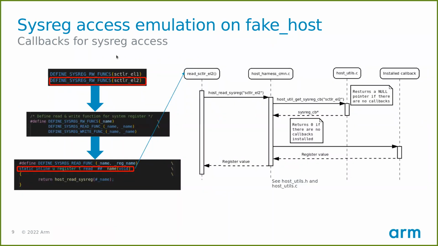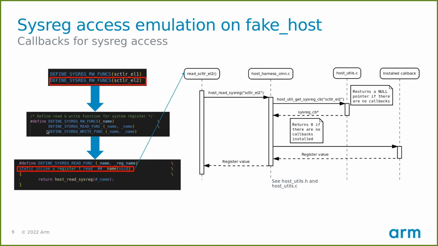In order to define accessors for registers, we have this set of macros here, define sysreg read write functions. This is similar to what we do for TFS, right? The specific case is ACTLR EL2, which is the one I'm going to focus on here.